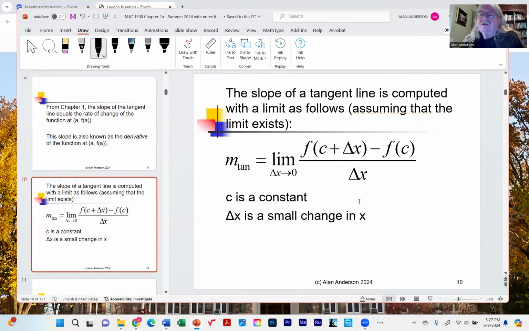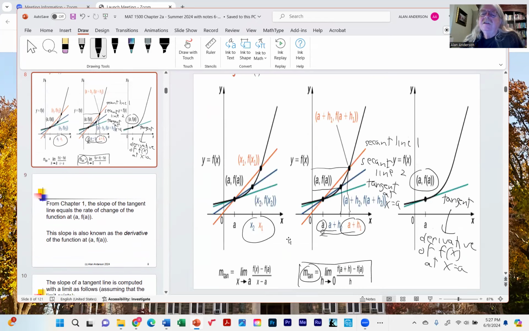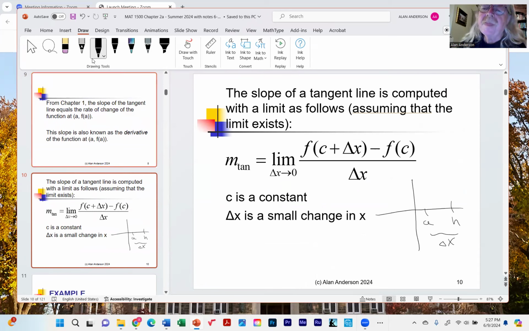Here it's a plus h. It makes no real difference what letters we use, but it's probably easier for us to think of the difference between the 2 points as delta x. It means the difference between the two. And as that difference gets smaller and closer to zero, the limit of this expression is the slope of our tangent line.